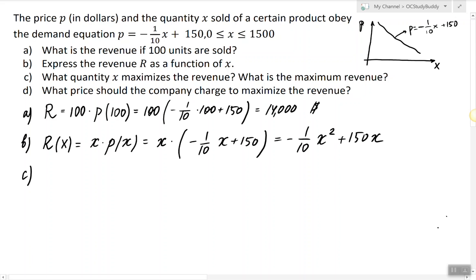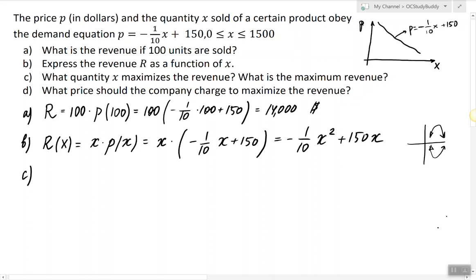Now, if we read the question in part C, which asks what quantity x maximizes the revenue, what are they asking us in the context of this quadratic function? Every quadratic function has a graph, which is a parabola that is either upright or upside down, depending on the leading coefficient.